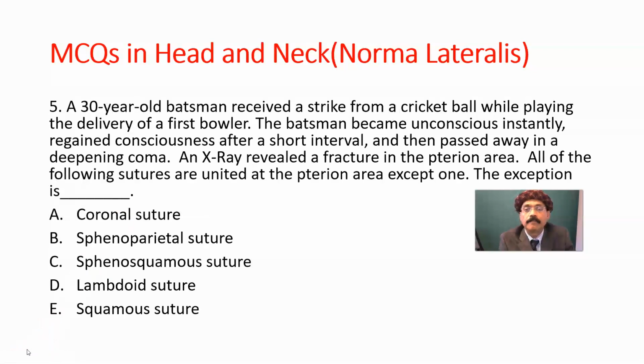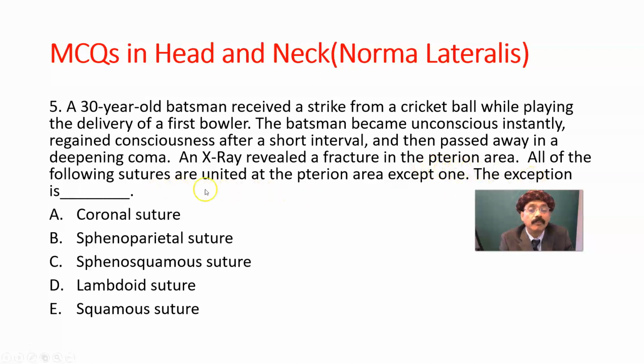So we got that. Question number 5. A 30-year-old batsman receives a strike from a cricket ball while playing the delivery of a fast bowler. The batsman became unconscious, instantly regained consciousness after a short interval, and then passed away in a deepening coma. An X-ray revealed fracture in the pterion area.